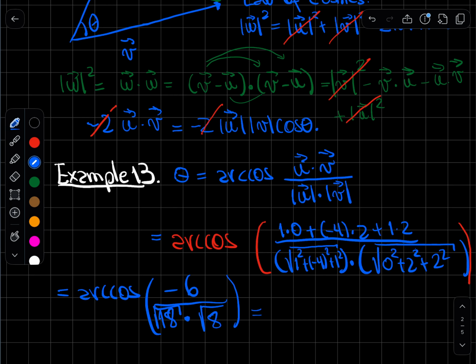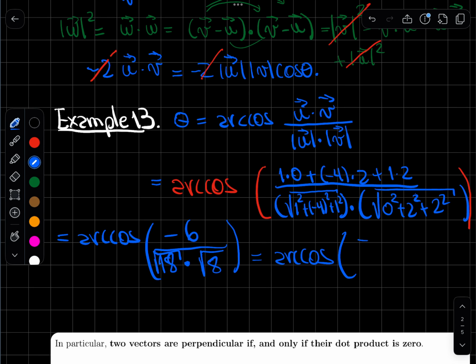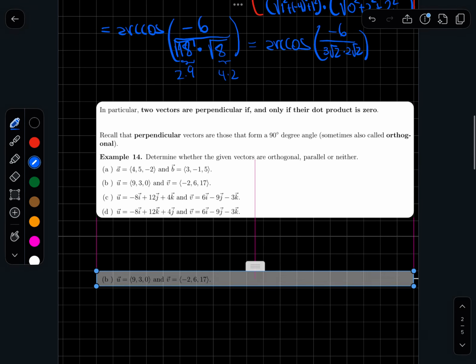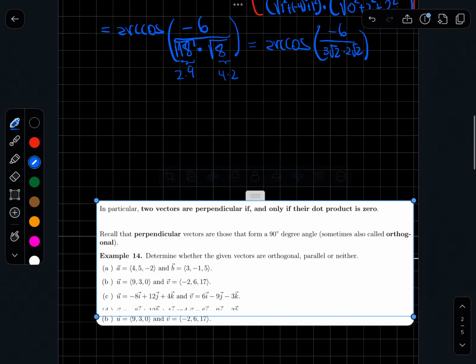Like so. We're talking about the arc cosine, so the angle whose cosine is -6 over this. This is 9 times 2, and this is 4 times 2. So this is going to be 3 root 2 times 2 root 2, like so. We should have planned this better.